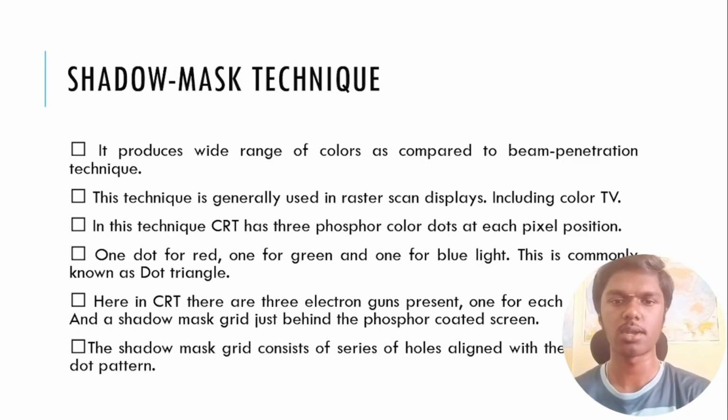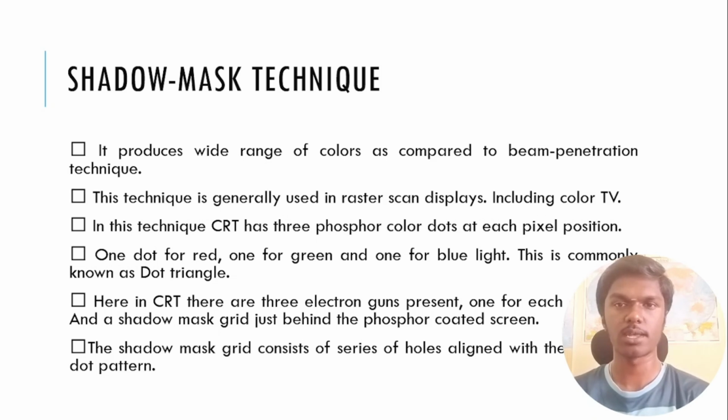Now let's discuss the shadow mask technique. So what is this shadow mask technique? It produces a wider range of colors as compared to the beam penetration technique that we discussed in the previous slide. This technique is generally used in raster scan displays, including color TVs. In this technique, the CRT has three phosphor colored dots at each pixel position, one dot for red, one for green, and one for blue light.